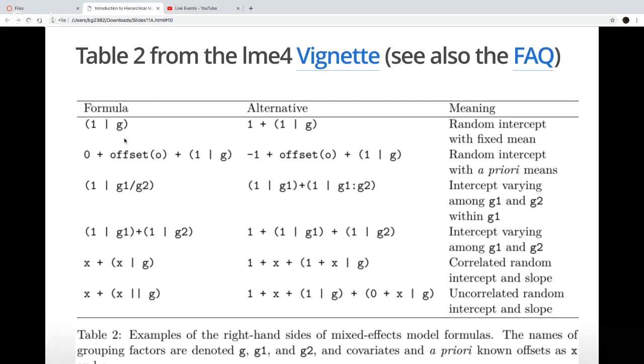So if you specify one of these parentheses, like 1 vertical bar g, in the formula of one of these multi-level models, that's saying allow the intercept to vary in a normal fashion from one level of g to the next.